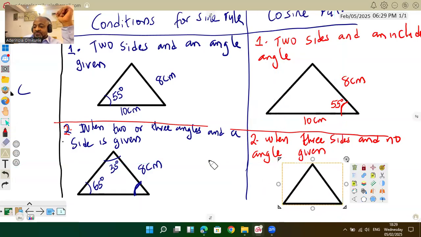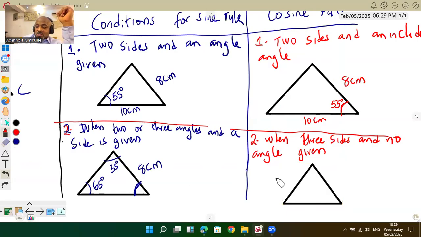For example, you have this, 10 centimeter. These are not all the triangles. I mean, just for ease of understanding, you have 8 centimeter, you have 11 centimeter. Okay, and then no angle is given. So this automatically means you have the cosine rule. You're going to use cosine. Okay, so those are the conditions we need in doing sine or cosine.